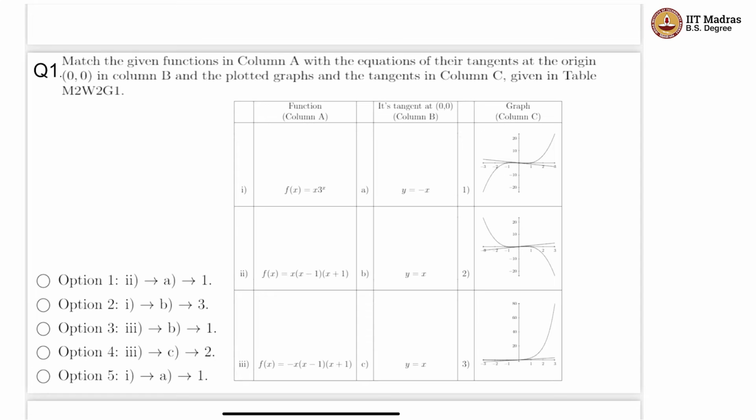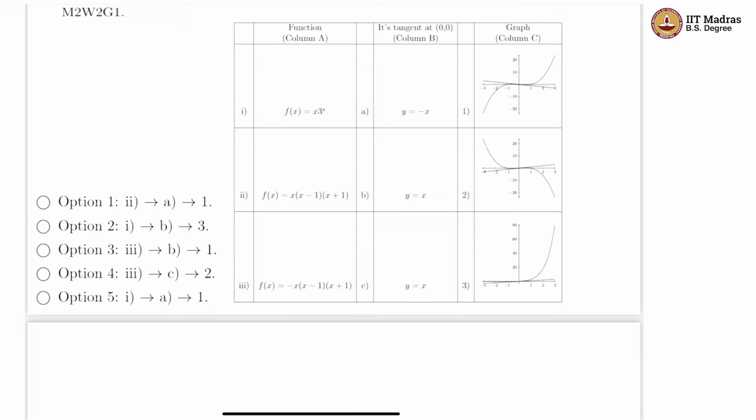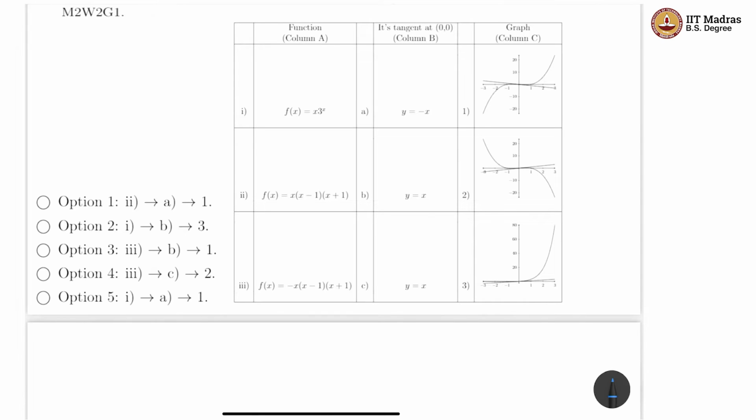Okay, so we know how to calculate the tangent of some given curve, right? Say this is our first curve, f of x equals x times 3 power x.